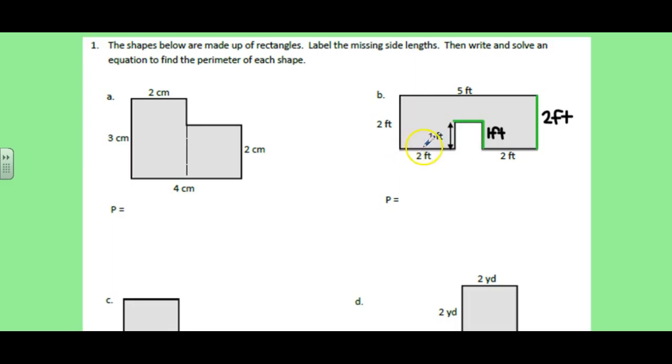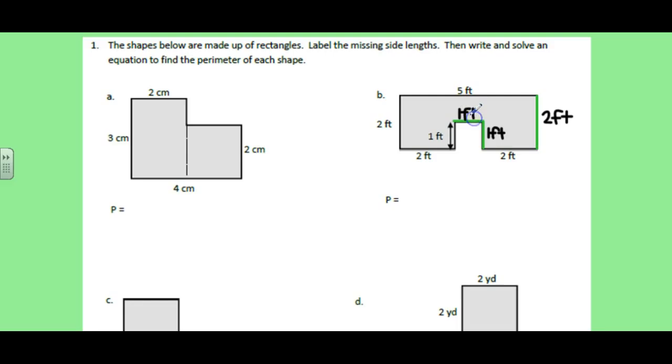And if I've got 2 feet right here, and 2 feet right here, then that gives me a total of 4 feet. So for this little section right here, which is the same length as this one right here, you've got to ask yourself, how many more feet do I add to 4 feet to make 5 feet? And you should be saying that that would be 1 foot. So now we're going to label this side length as 1 foot.